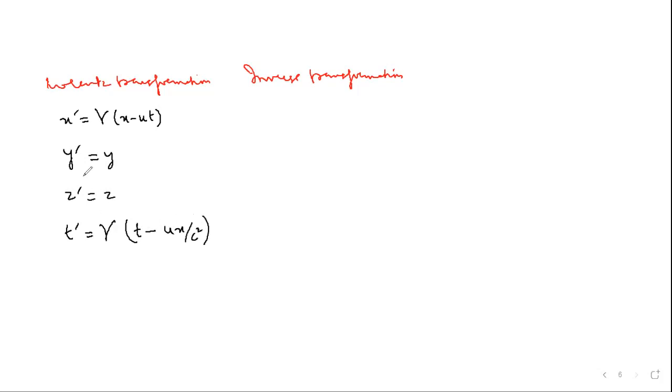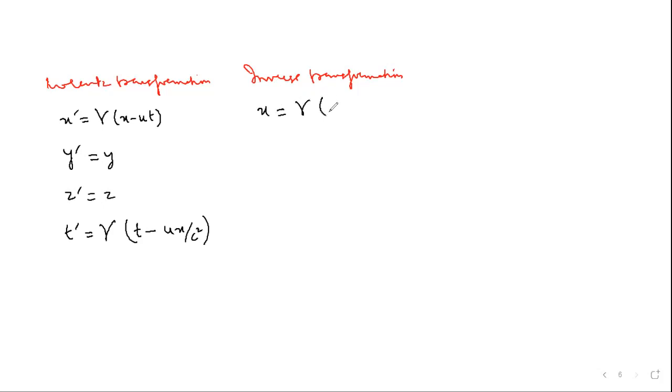Check them. X prime is gamma times x minus ut, y prime is y, z prime is z, t prime is gamma times t minus ux by c square.